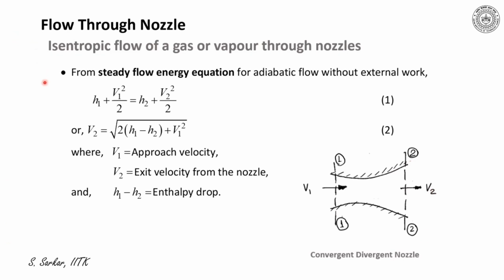Thus, from the steady flow energy equation for adiabatic flow without external work, we have H1 plus V1 squared by 2 is equal to H2 plus V2 squared by 2. From here I can get V2 is equal to root over twice H1 minus H2 plus V1 squared, where V1 is the approach velocity, V2 is the exit velocity, and H1 minus H2 represents the drop of enthalpy within the nozzle.